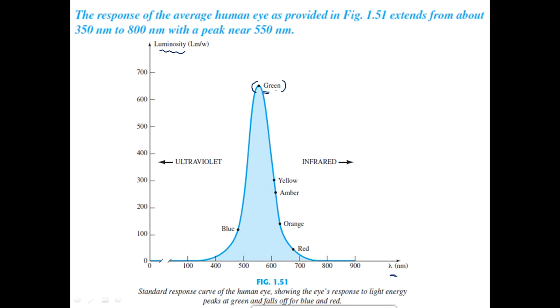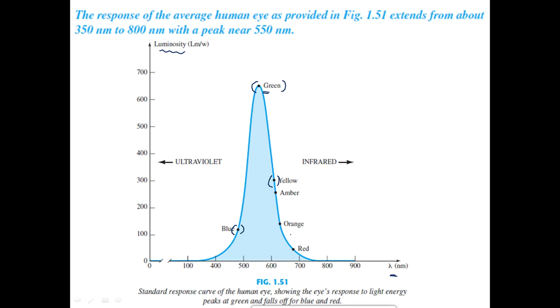Maybe that may be the reason why some of us feel very positive whenever we see some green plants. The moment we see them, our eye feels it is very nice, right? Because the response is the highest, whereas for other colors it is slightly less.